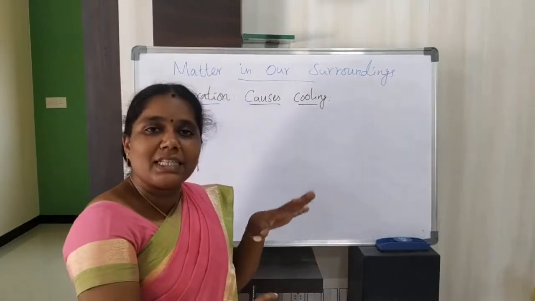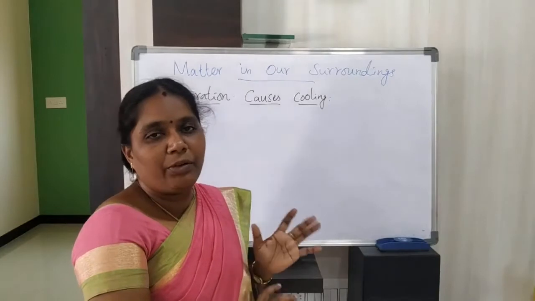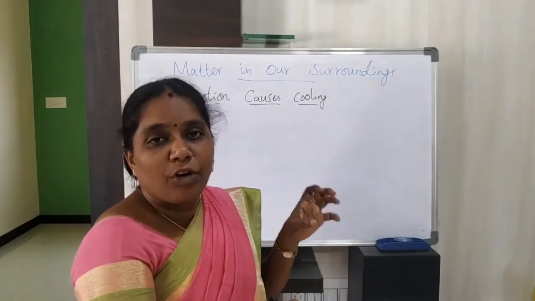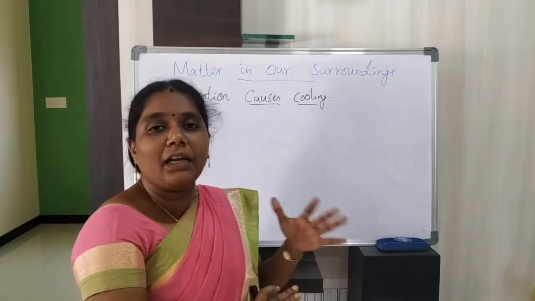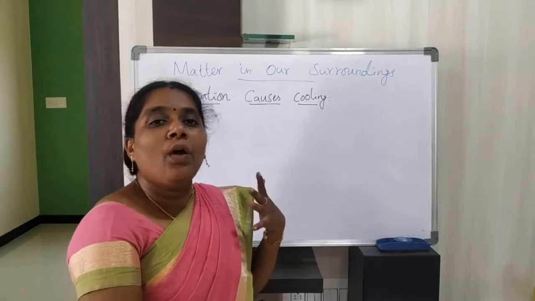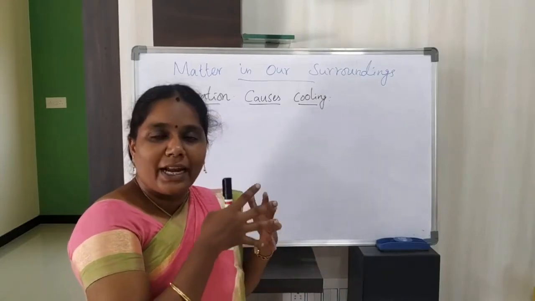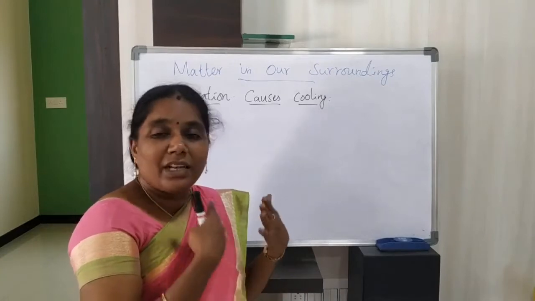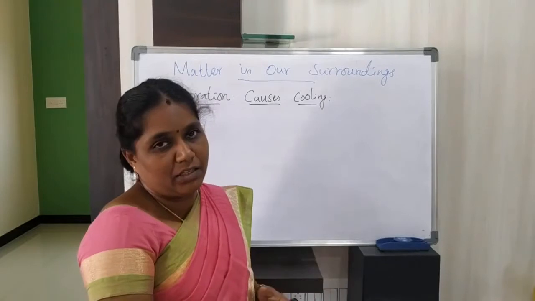What we have discussed in our previous class, do you remember? Evaporation and boiling, and factors affecting the rate of evaporation. What is evaporation? Evaporation is a change in state of matter from liquid to gaseous state.